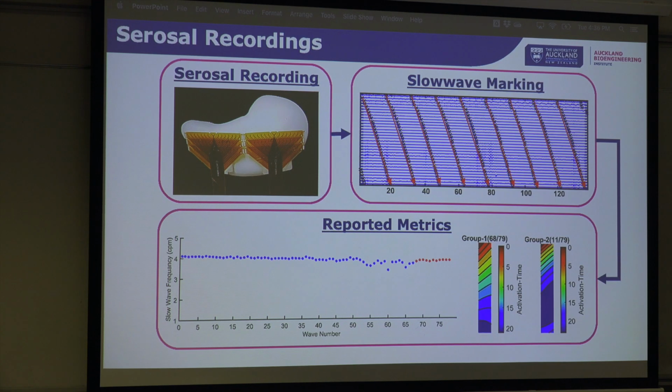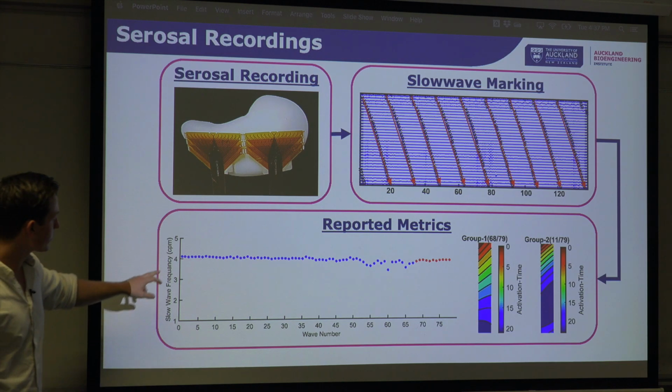To report those metrics, we're going to use 2 reported metrics. We're going to look at the slow wave frequency and also the grouped data. So the slow wave frequency was simply the time between sequential waves, and the group data was analyzed by grouping the activation maps, or grouping the activations into similar categories, as we can see here.